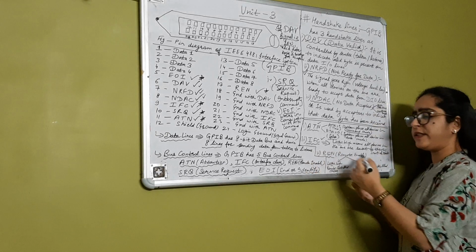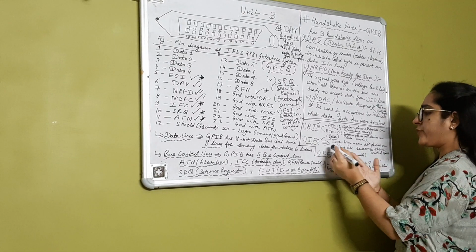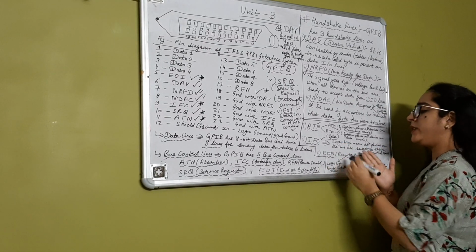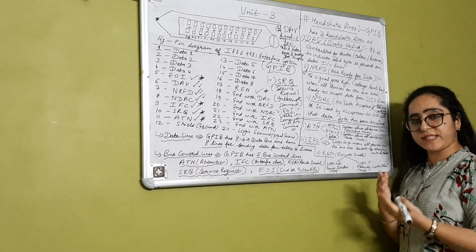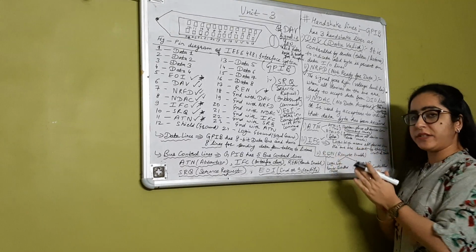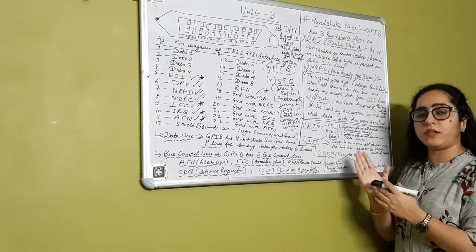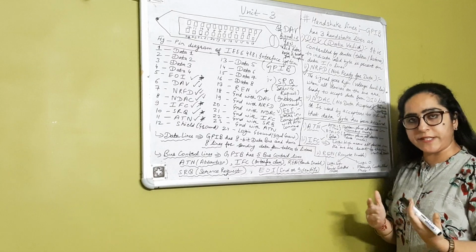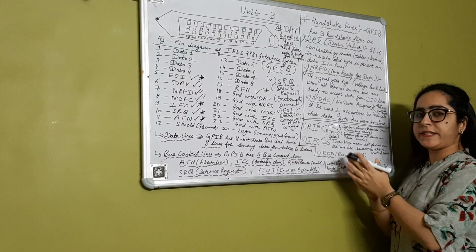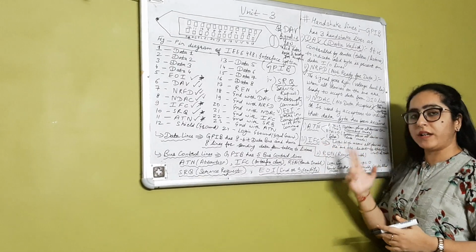Logic high means all the devices on the bus are reset to their initial states. This is done by the controller to reset all the devices and start the operation afresh.